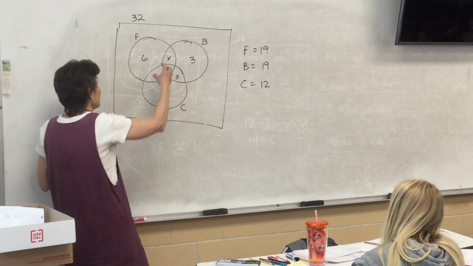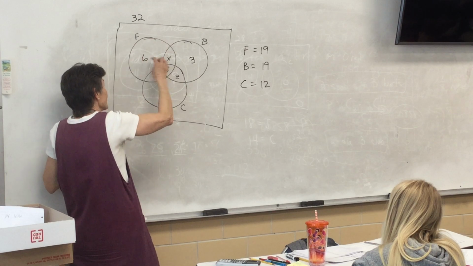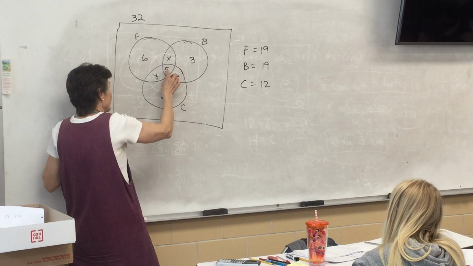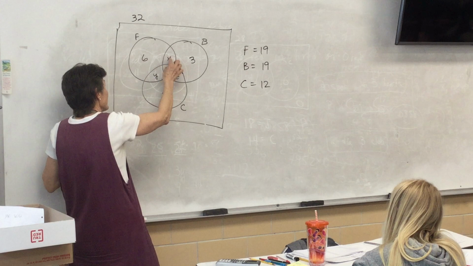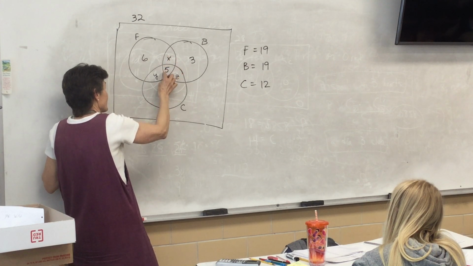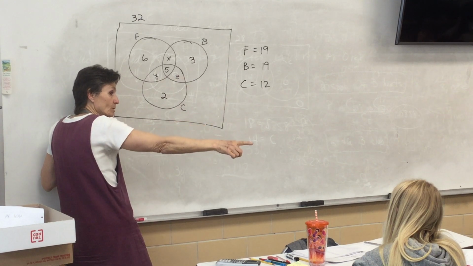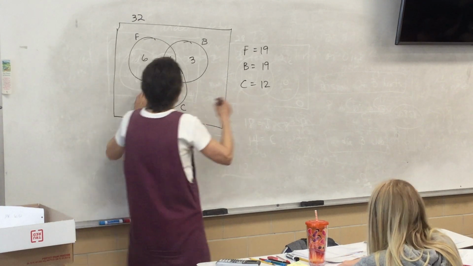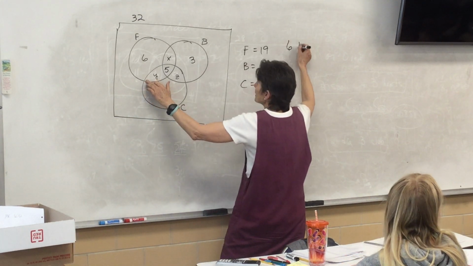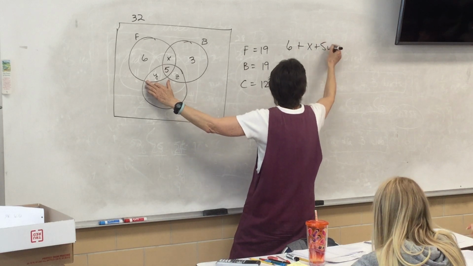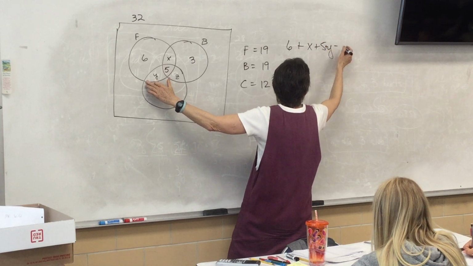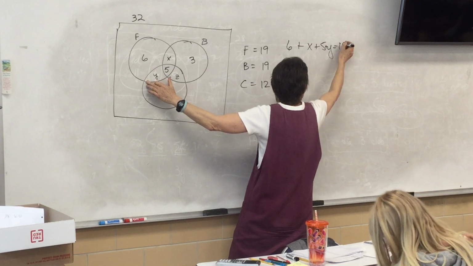Now, tell me what I know about 6 and X and 5 and Y. What do I know about those 4 things? 6, X, 5, Y. What do I know about them? They add up to 19. So 6 plus X plus 5 plus Y is 19.